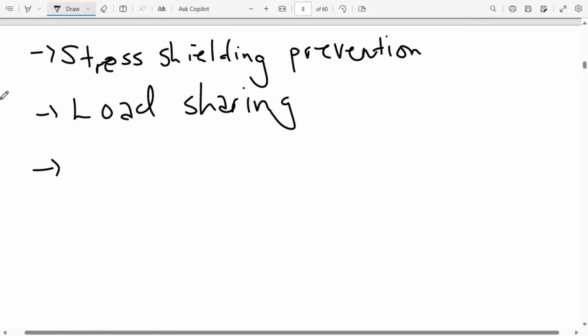If the modulus of the bone and the implant are similar, they'll have matching stiffness, which means the stiffness of the bone is the same as that of the implant. And this is going to reduce the risk of the implant loosening or maybe fracturing. So there will be balance here. The stability of the implant is actually going to be enhanced.